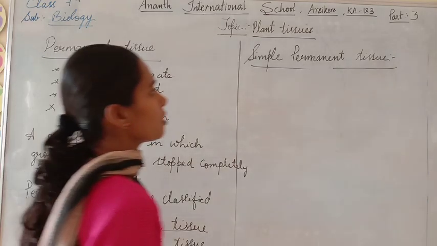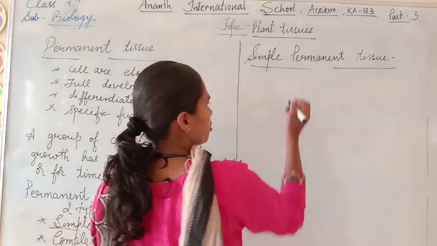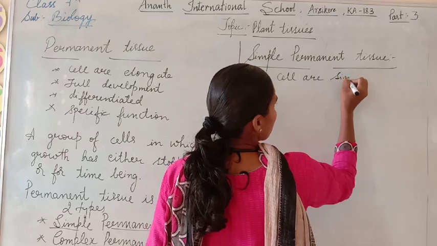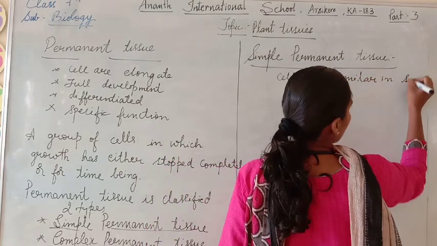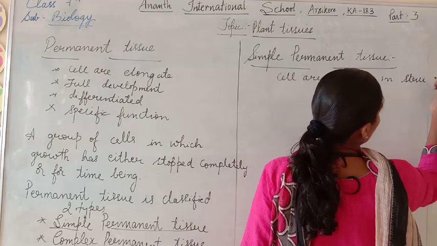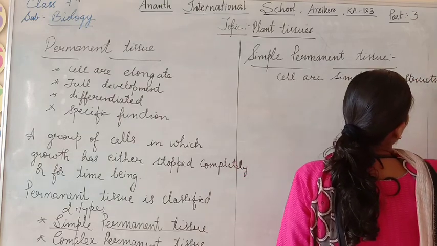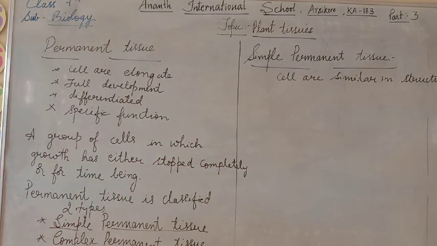So in the simple permanent tissue, the cells are similar in structure and even functional.